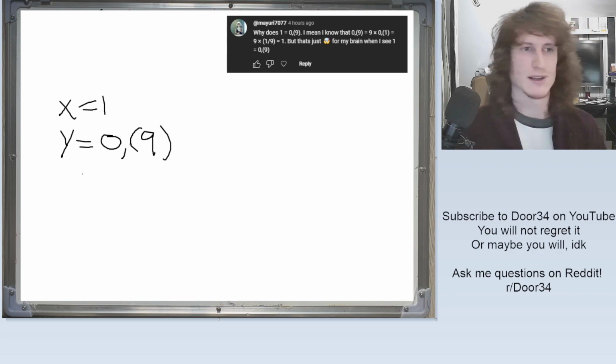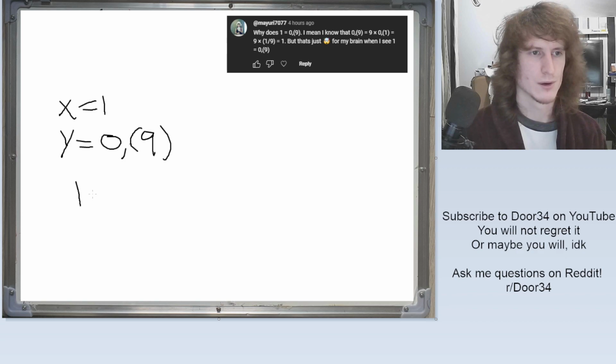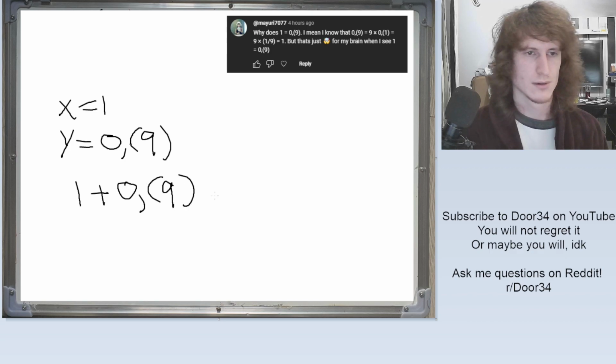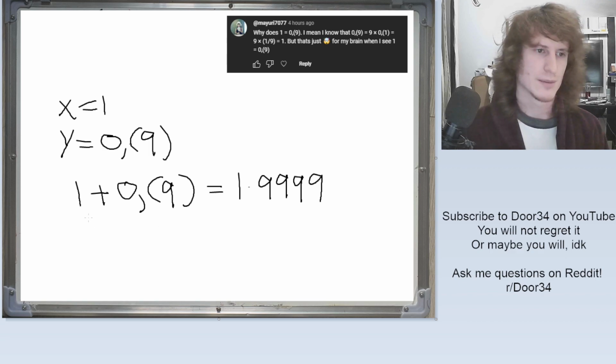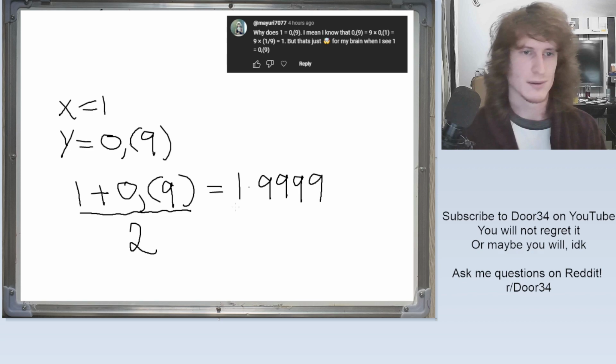So if I take this, so I have 1 and then we add on this guy here, this is going to be 1.9. I've really dropped the ball on the notation there, but if we divide this by 2, it should give us the in-between point of x and y.